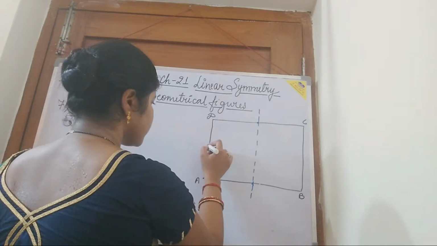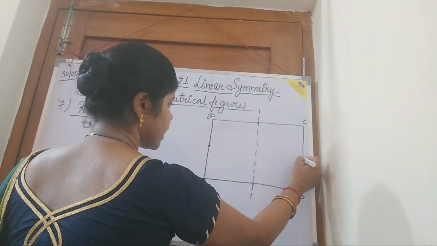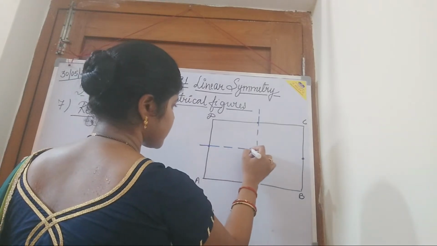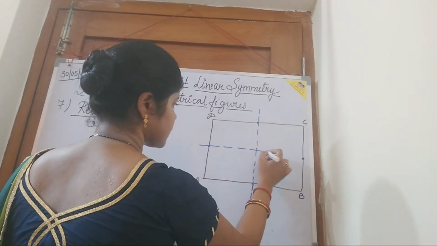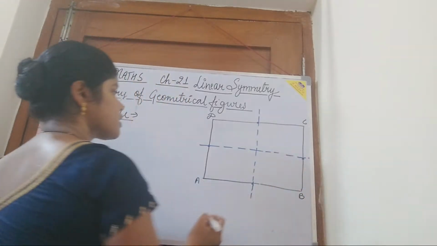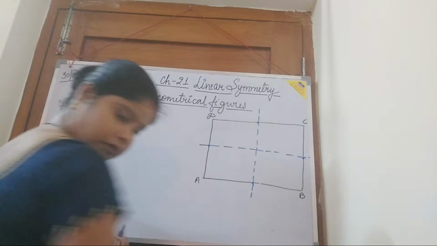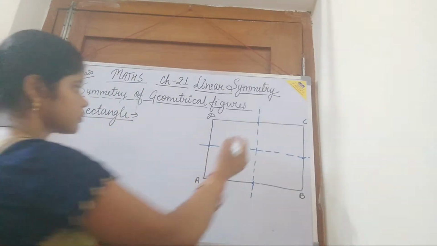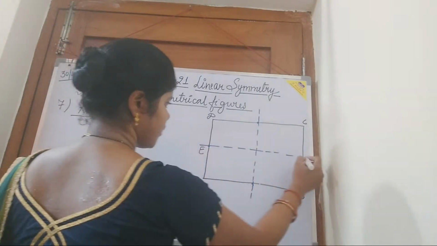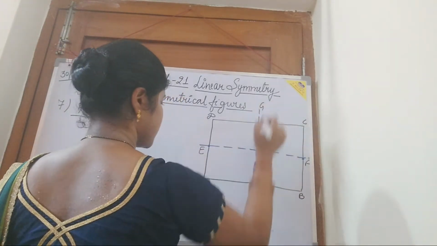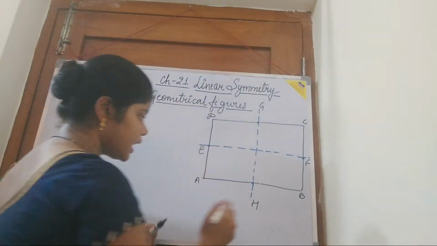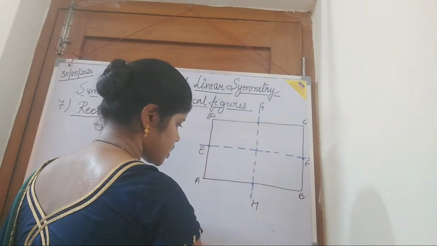Now for the other one, from the midpoints of the other 2 sides, we are going to draw the other line of symmetry. Name them EF and GH. So here GH is your vertical line of symmetry.